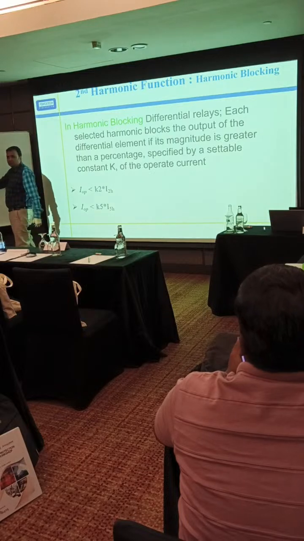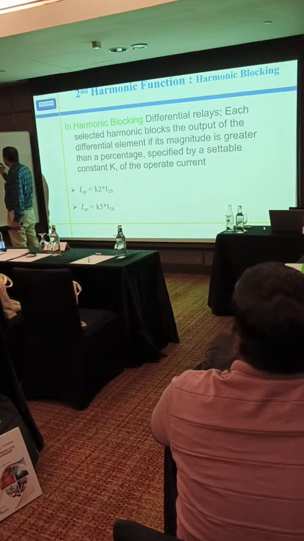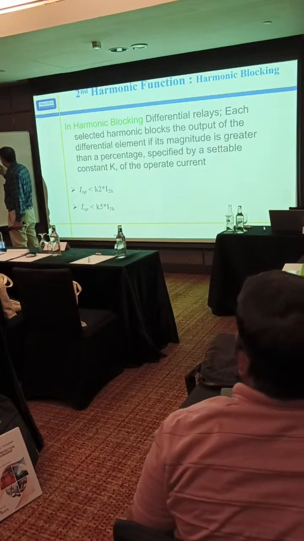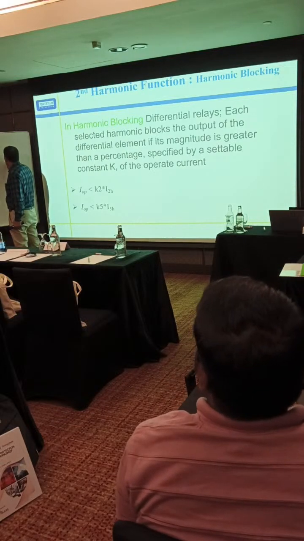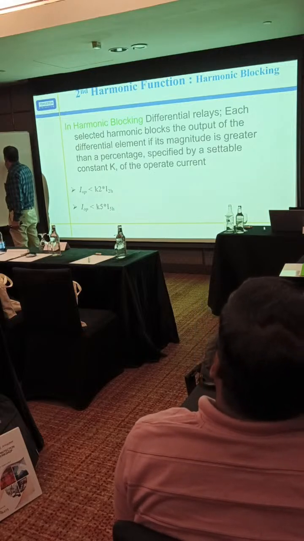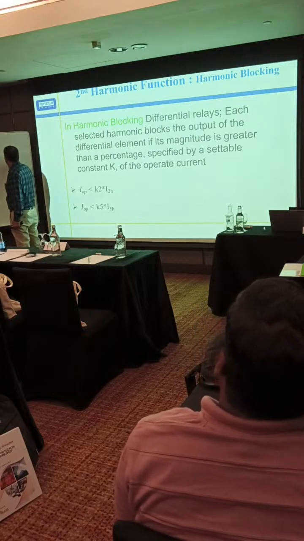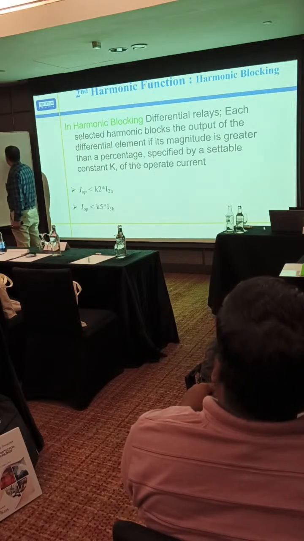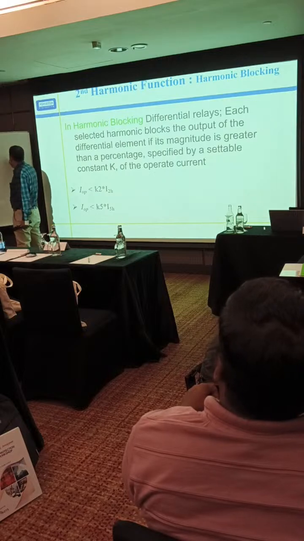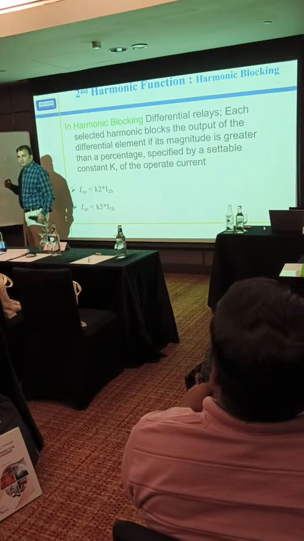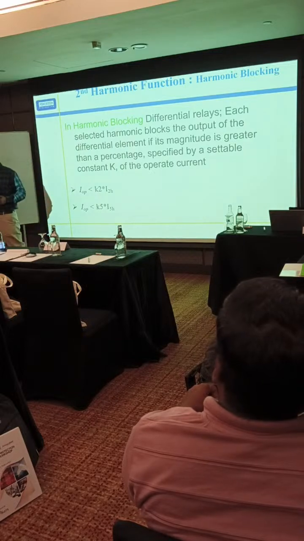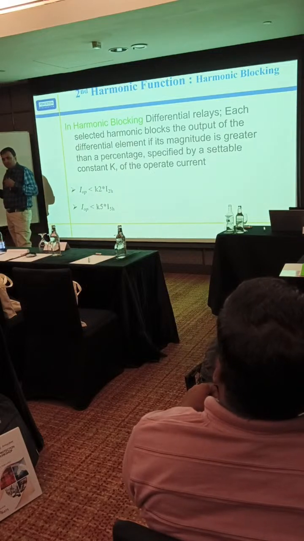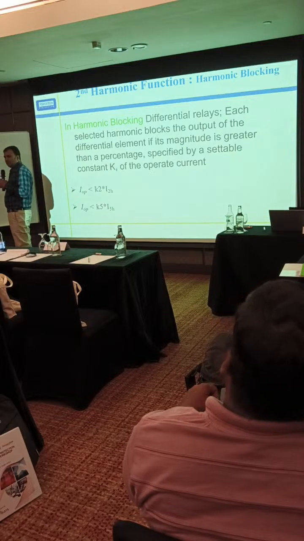Because it is more than the operating current. But suppose with the 0.4, we have 0.2 harmonic component, second harmonic. Okay. So the differential current increased from the set operating current, but the relay will not operate in this case.